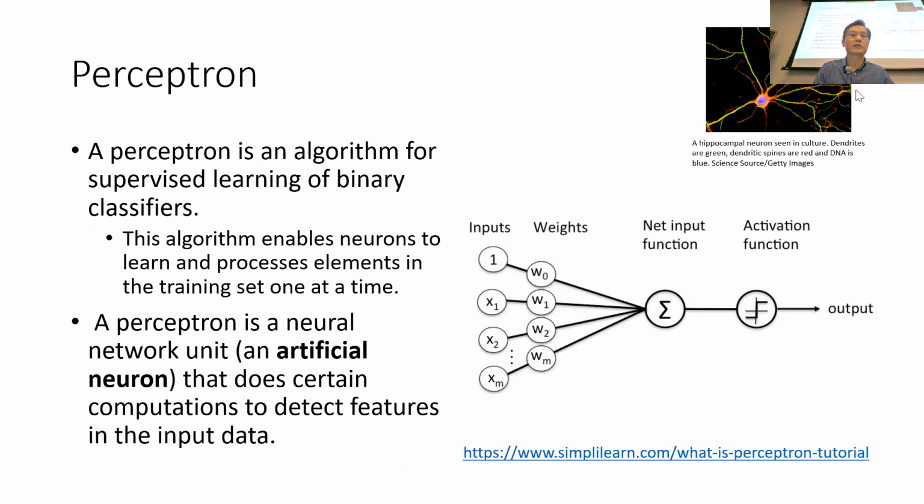Neuron, perceptron. I think we roughly know, and we think we know, how a neuron works in biology and neuroscience. This is a picture of a hippocampus neuron, and it has a lot of connections.